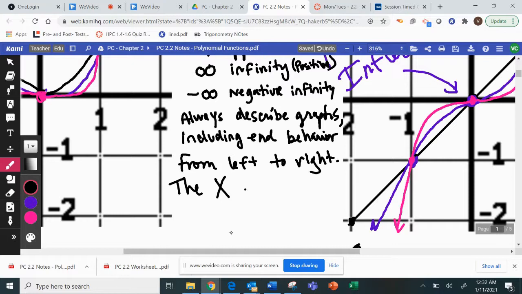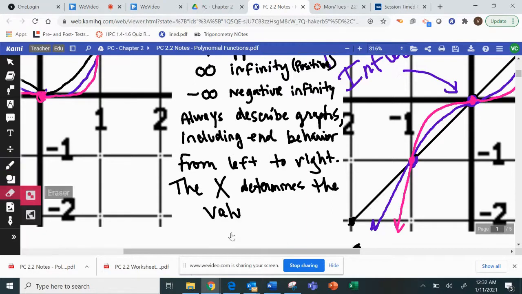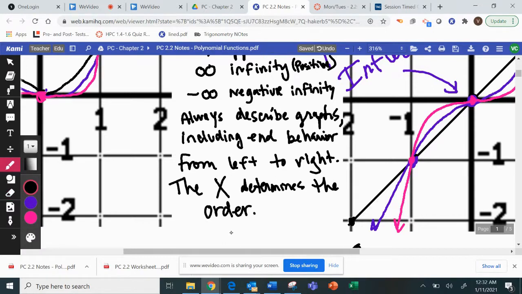The X determines the order. Okay, left to right is the X. That's going to determine what order we write these.